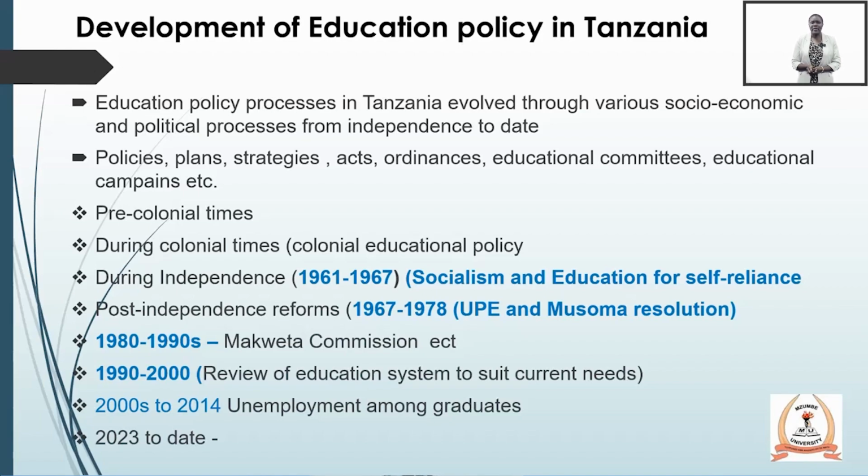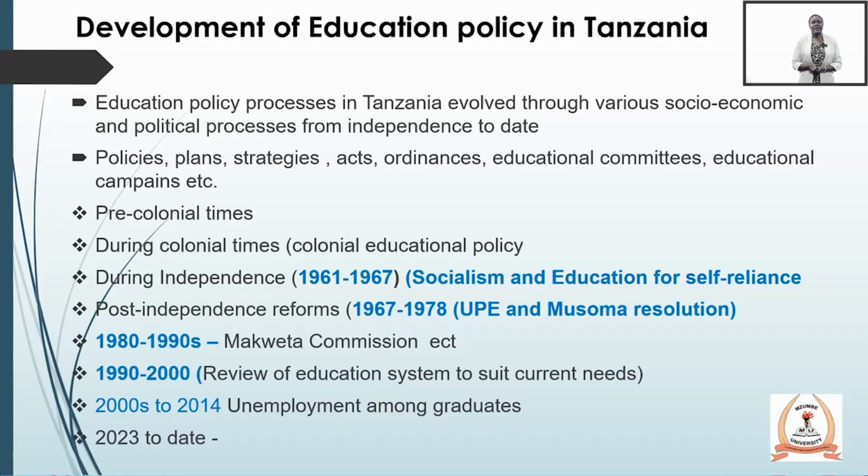So we can try to remember we discussed the history of education from the pre-colonial times, and we went further to the kinds of education policies during the colonial times. You remember the Education Ordinance of 1927, the Education Acts.